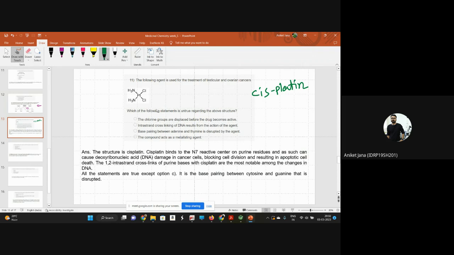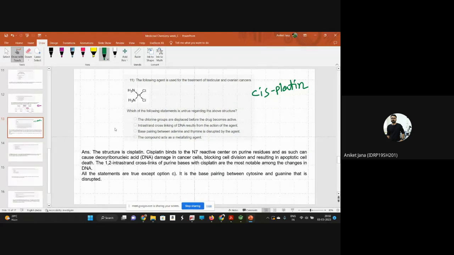Which of the following statements is untrue regarding the above agent? The chlorine groups are displaced before the drug becomes active. Is this true or false? And how does it work?